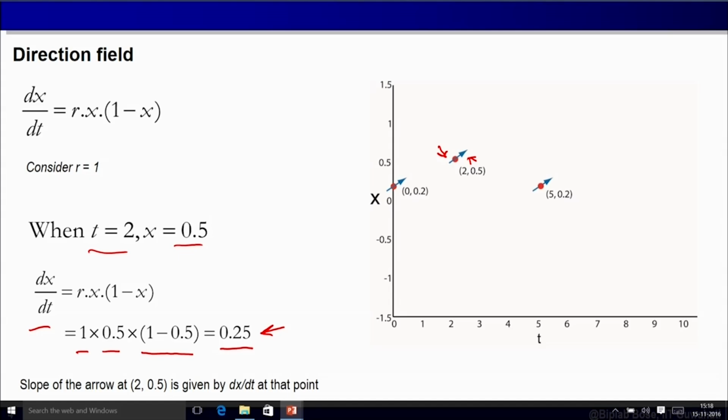So what have I done? I have a t versus x space in which I have taken some points, and at those points I have calculated dx dt, the slope as per the ODE. Once I have calculated the slopes, I have drawn arrows with the appropriate arrowhead on those points having the appropriate slopes as calculated from the derivative.